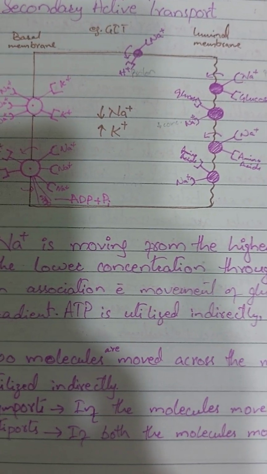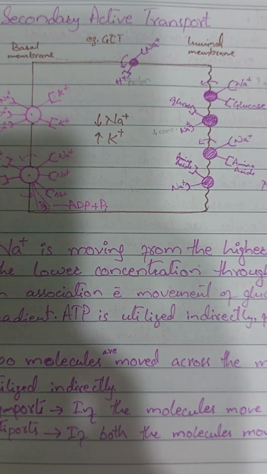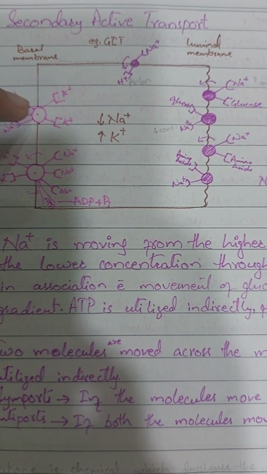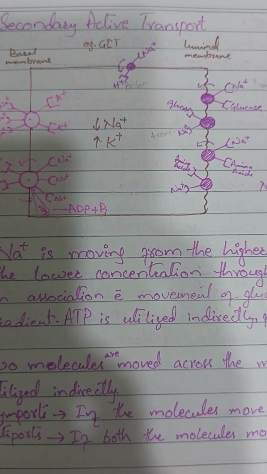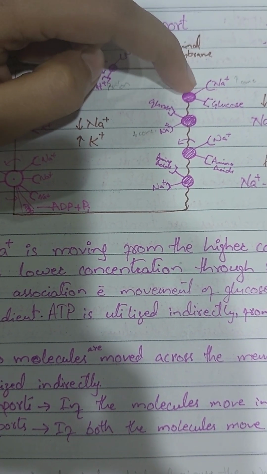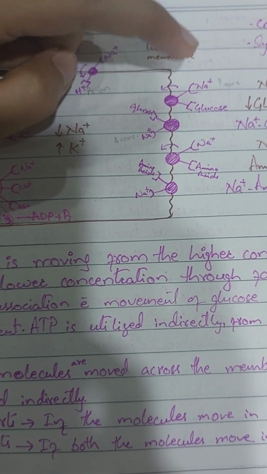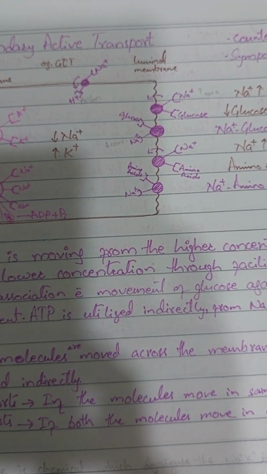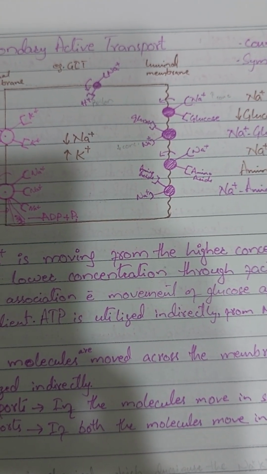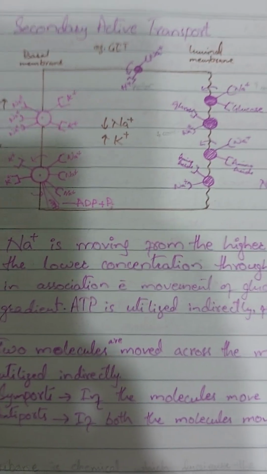So the scientists took a cell and the chemical was added. It made the sodium-potassium ATPase pump disfigured, and this transport also didn't work. So it proves that secondary active transport utilizes indirect ATP from the sodium-potassium ATPase pump.